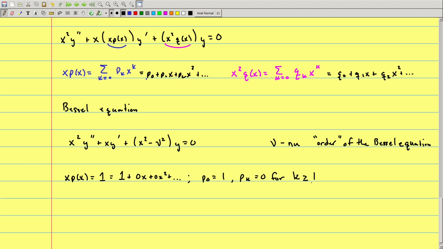All right? When it comes to constructing the solution, this is going to end up being important for us. Okay? Likewise, we examine this expression here and compare it to this thing here.